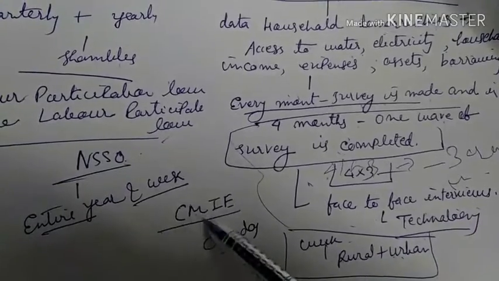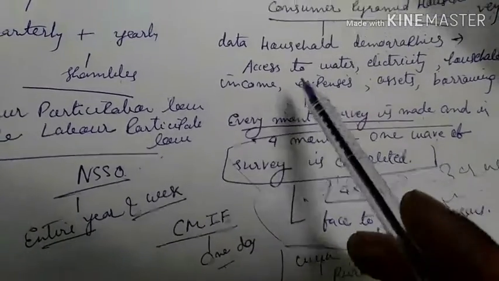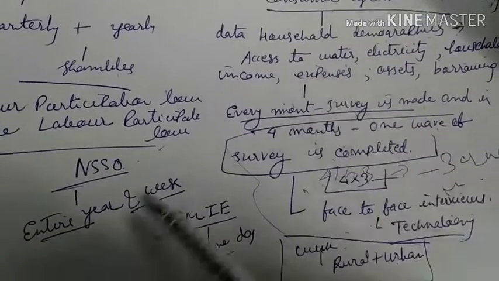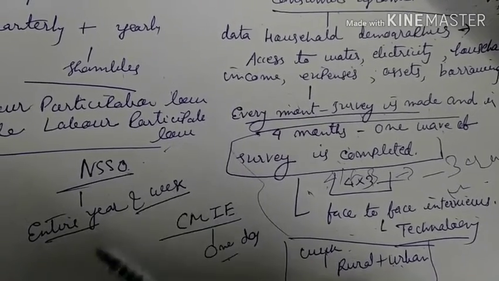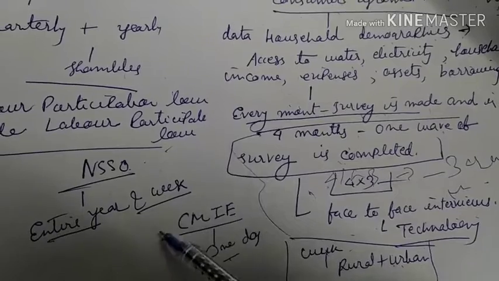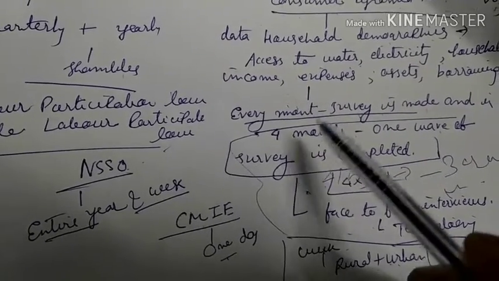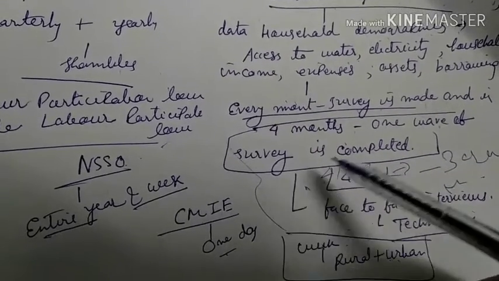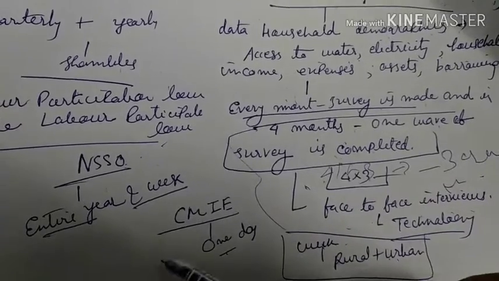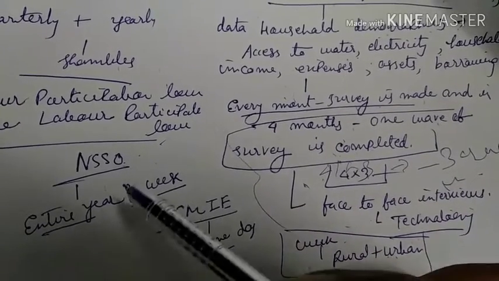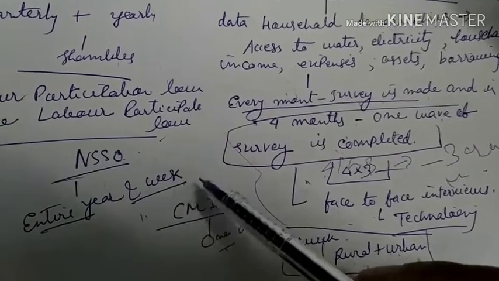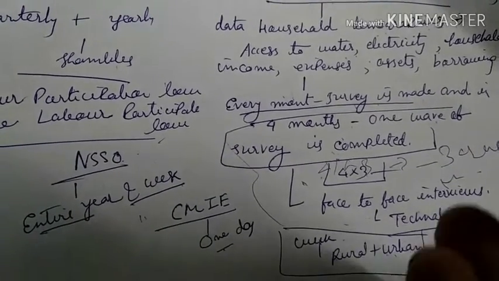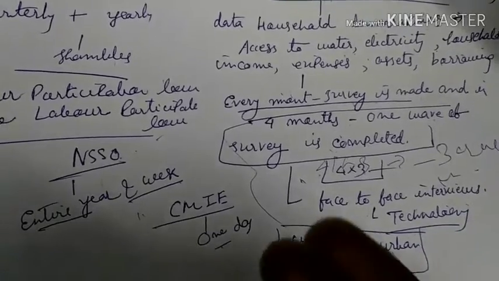And another difference between NSSO and this private organization is that the reference period taken by NSSO is the entire year or week. That means when the survey is conducted, the questions they ask people are related to the entire year or week, thereby posing a chance that people might forget some information.